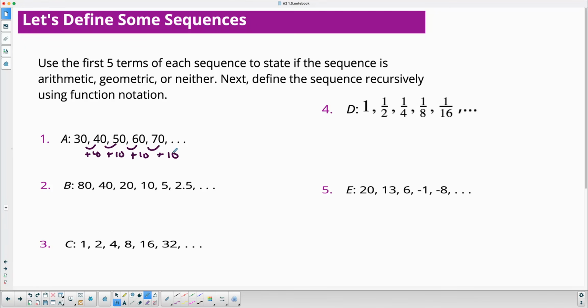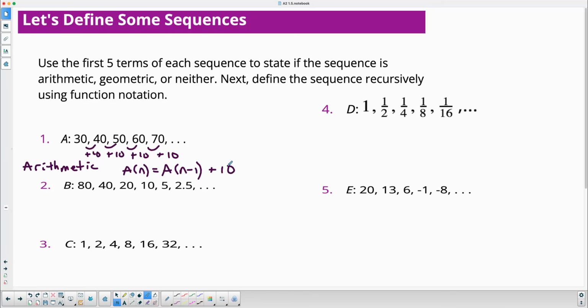So if I'm adding the same number, we're going to say this one is arithmetic. To get from every term to the next term, you take the previous term. The term before the nth term would be a of n minus 1, and it looks like I just add 10 to the previous term.